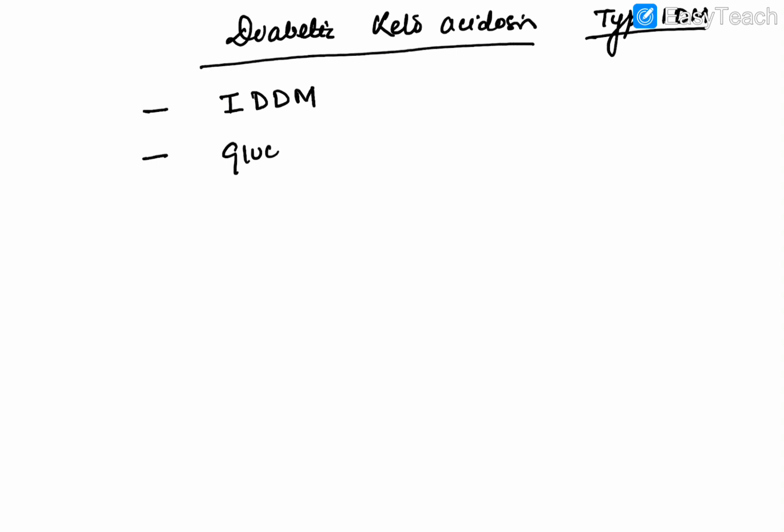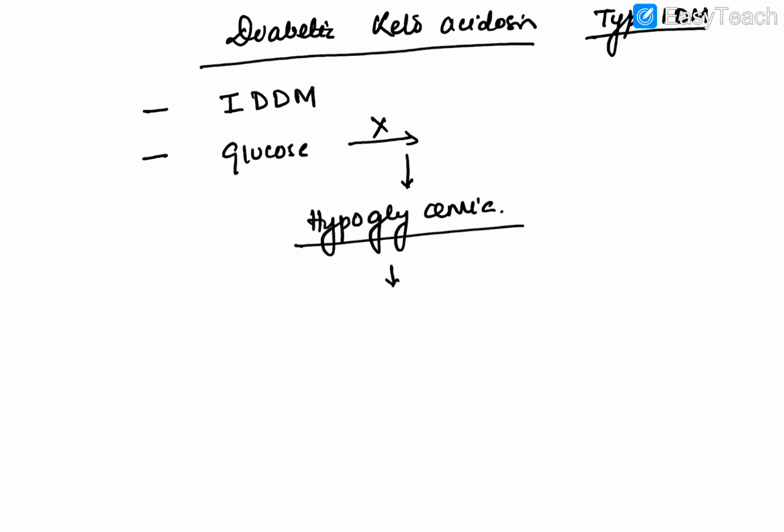glucose in the body, it cannot be metabolized because there is no insulin, and the body perceives it as a state of hypoglycemia. This relative hypoglycemia leads to production of hormones that increase the level of glucose in the body.